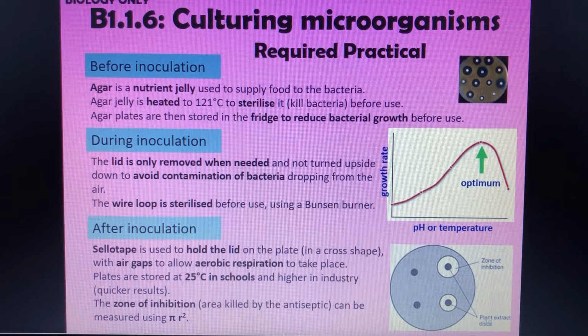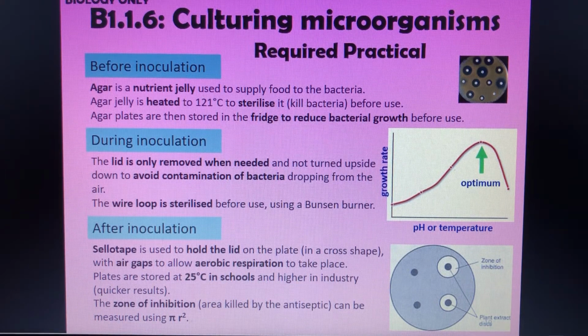To inoculate the plate, to put the bacteria on, we use a wire loop that's been sterilised by heating in a Bunsen burner, and we only remove the lid when we need to. We try not to turn it upside down either. After inoculation, we put some sellotape on the agar plate to hold the lid on, but being careful to allow air gaps so that aerobic respiration can take place.